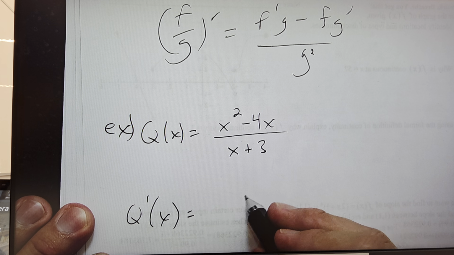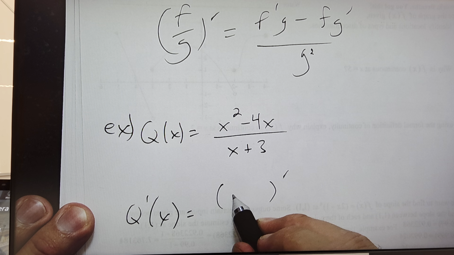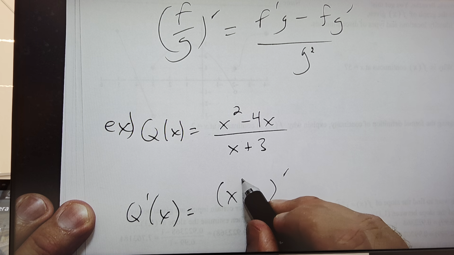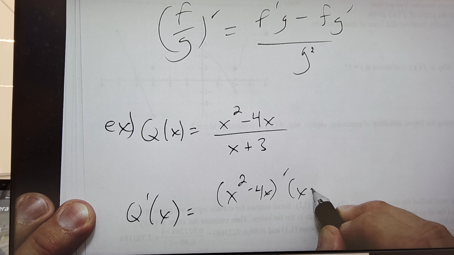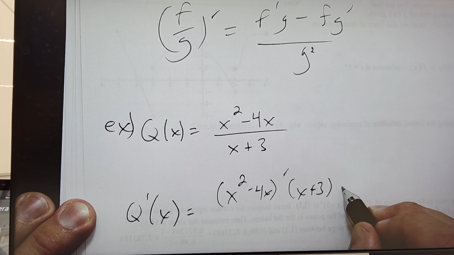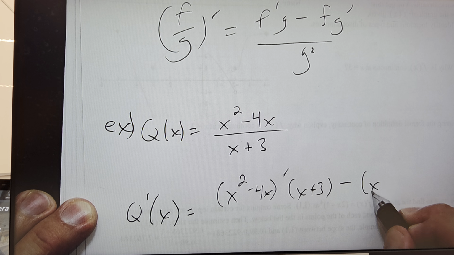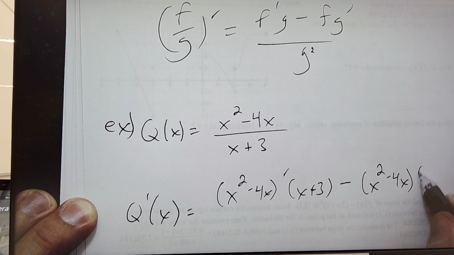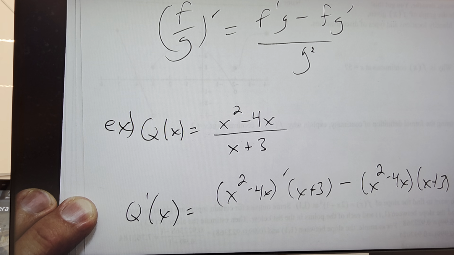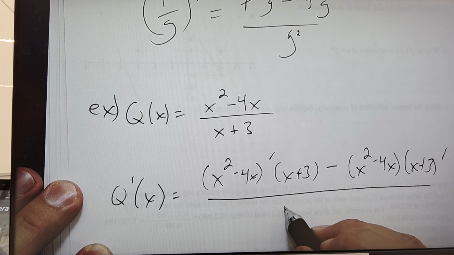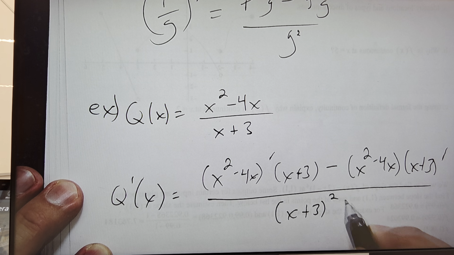What goes first? The derivative of what? The derivative of the top. Good. Times the bottom. Minus the top times the derivative of the bottom, all over x plus 3 squared.